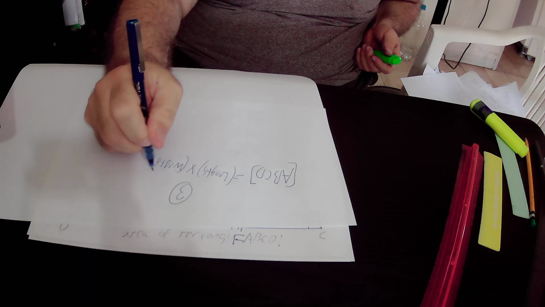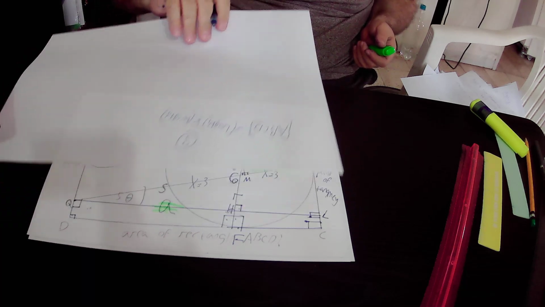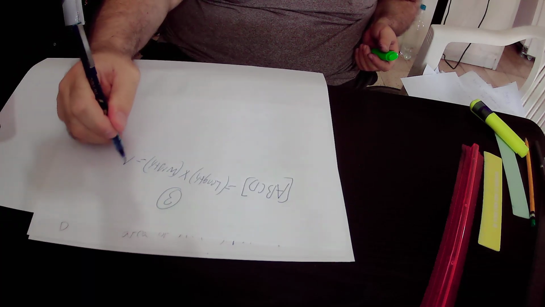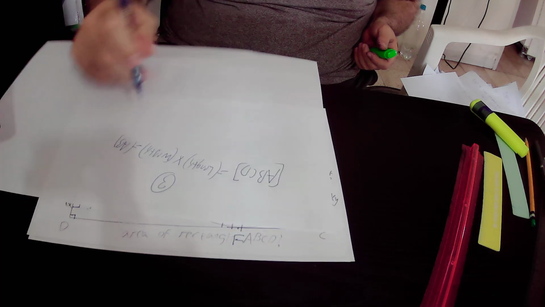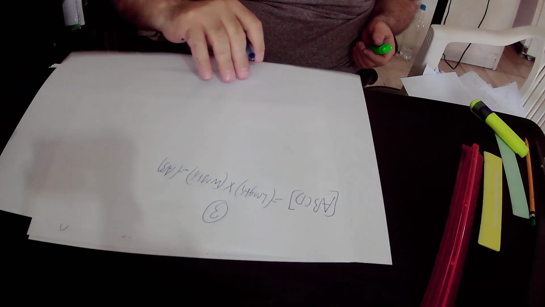The length of rectangle ABCD is AB times the width BC.